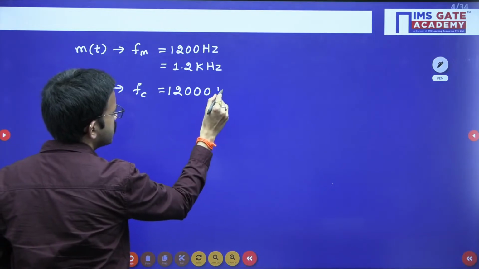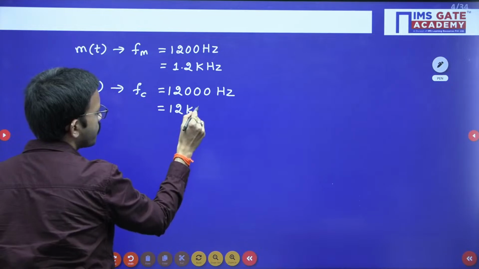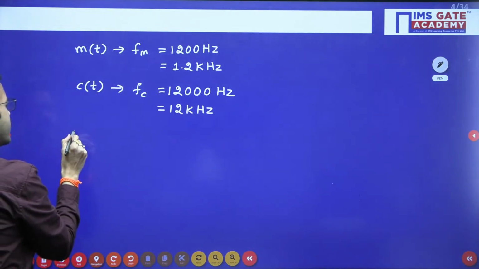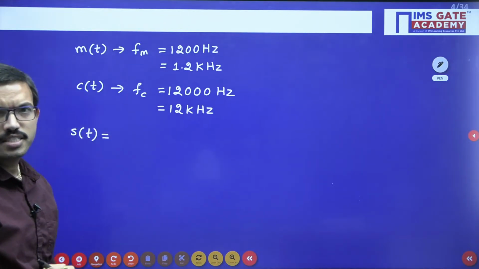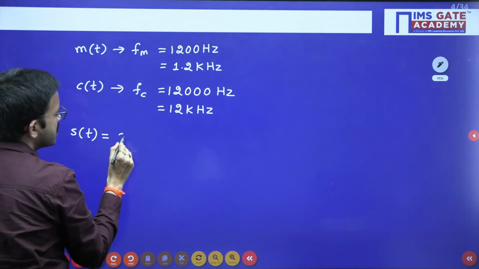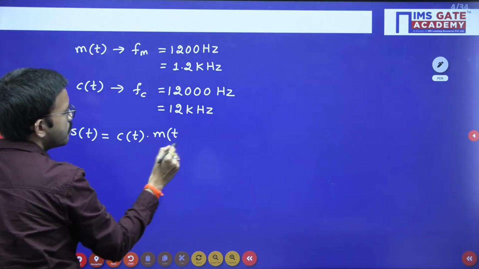In the order of kilohertz, this is 12 kilohertz. So regarding the DSBSC signal, we have to multiply the carrier signal and message signal.